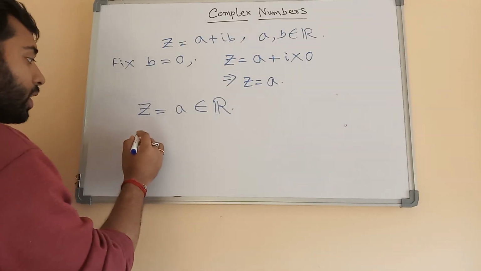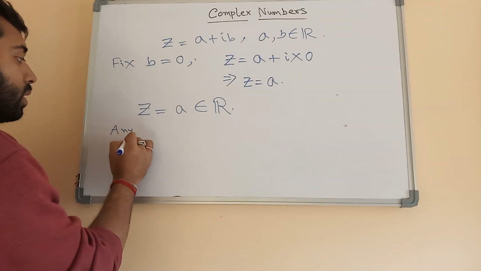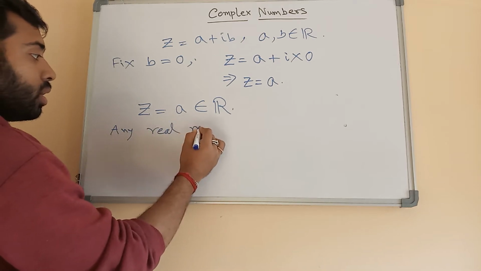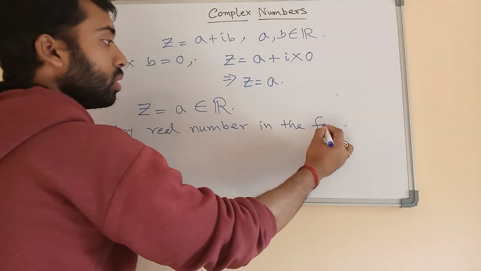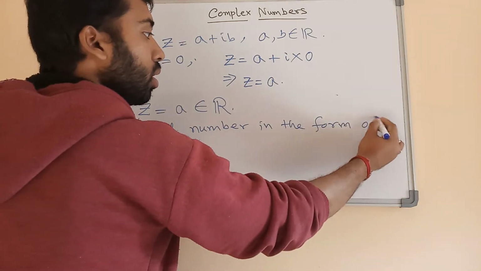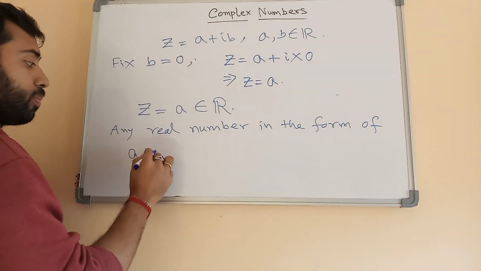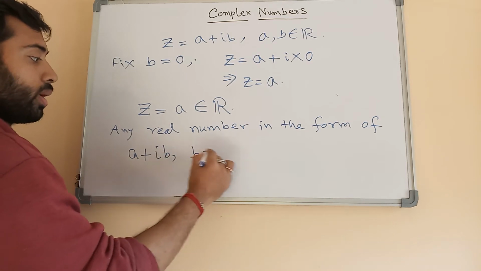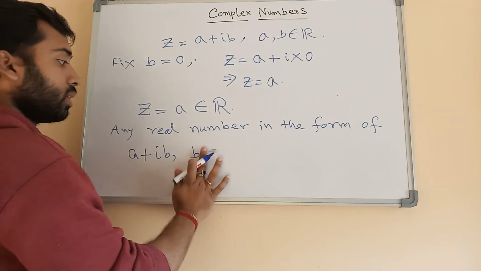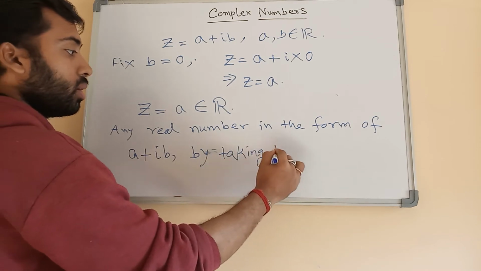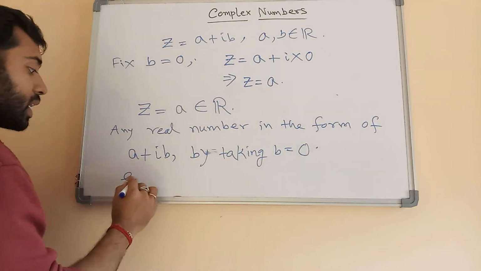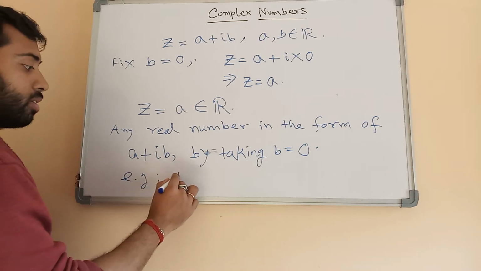Then we can write any real number in the form of a plus ib by taking b equals 0. For example, suppose I have a number 5.